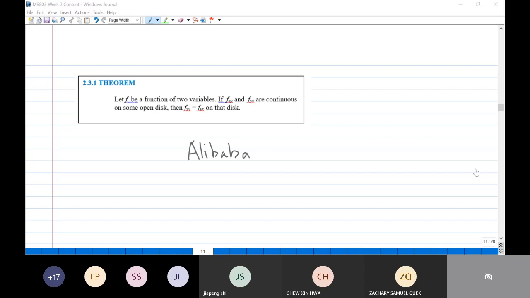Yeah, okay, I think I need to do something. Okay, let me mark for you. Okay, so the magic curve.